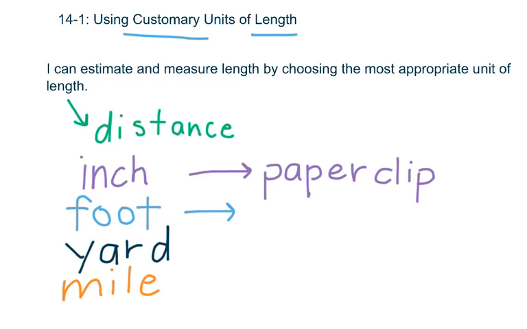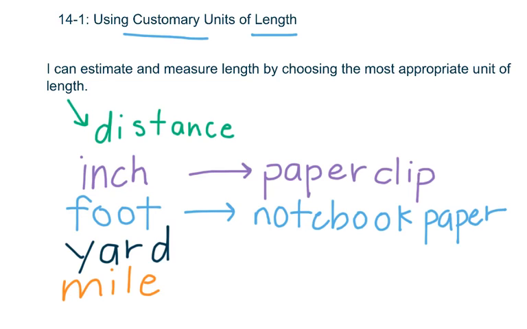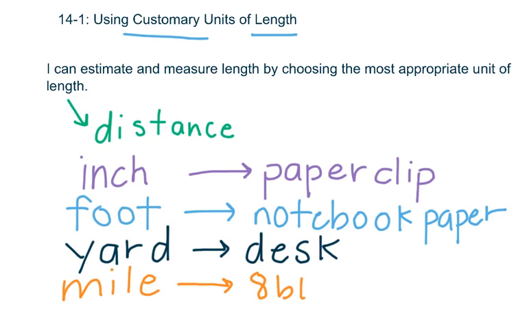A foot is about the size of a notebook paper. Think about how tall it is. That's about a foot. A yard would be about the length of our school desks. And a mile can be a little bit trickier to conceptualize. I like to think of a mile as about 8 city blocks. So if you were to walk 8 blocks, that would be about a mile.